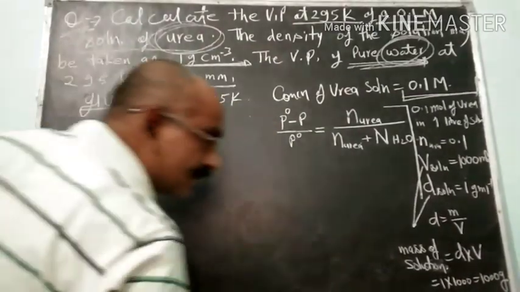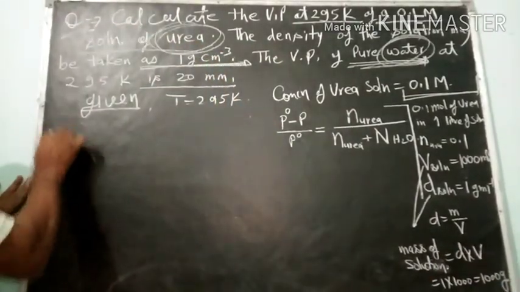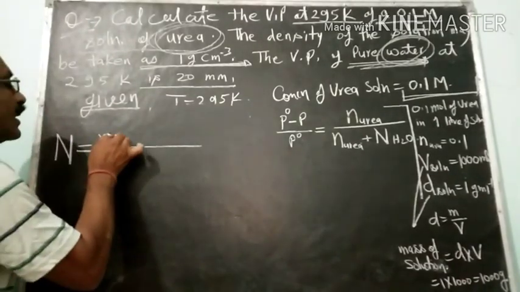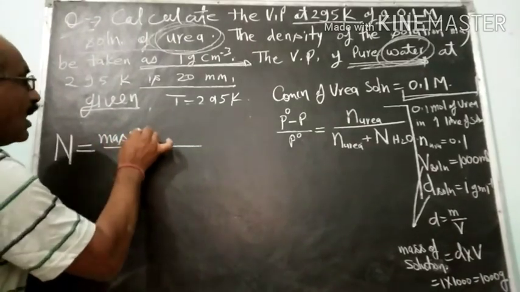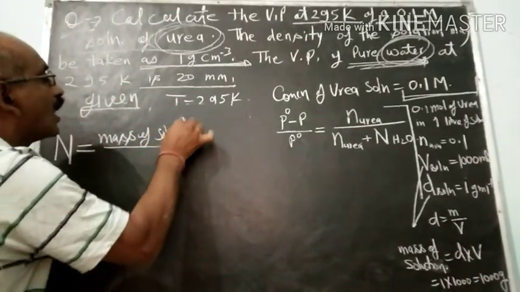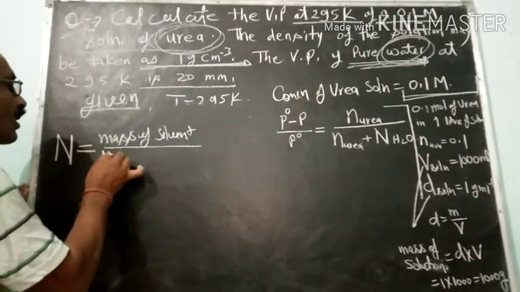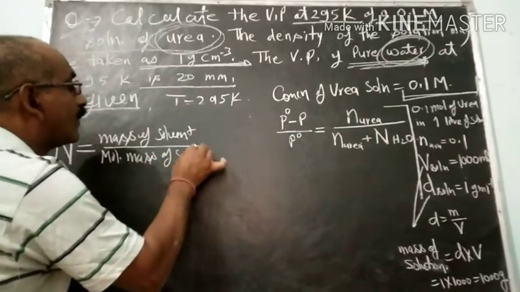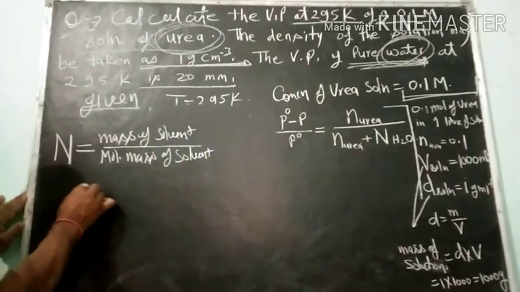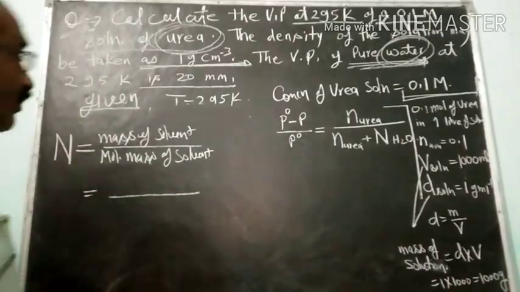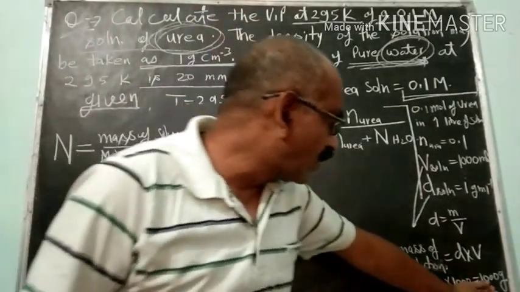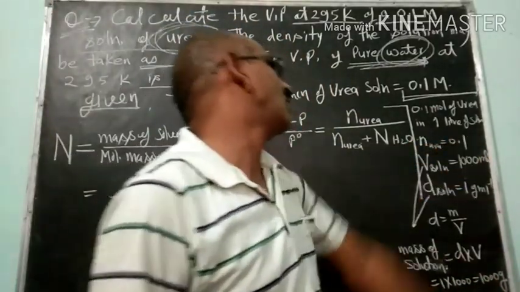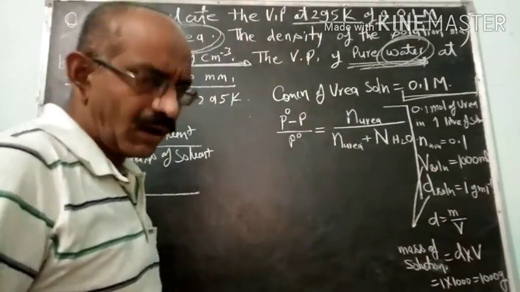So the number of moles of solvent can be calculated as mass of solvent over molecular mass of solvent. Here, the mass of solution we know is 1000 gram, and in that 0.1 mole of urea is dissolved.